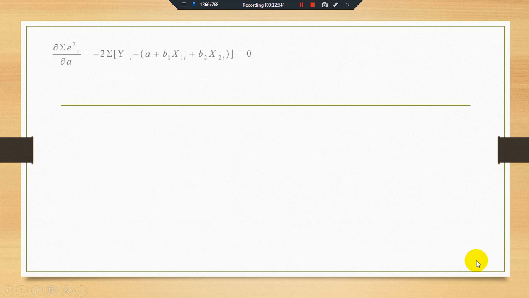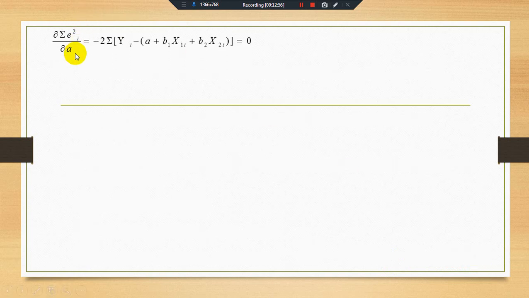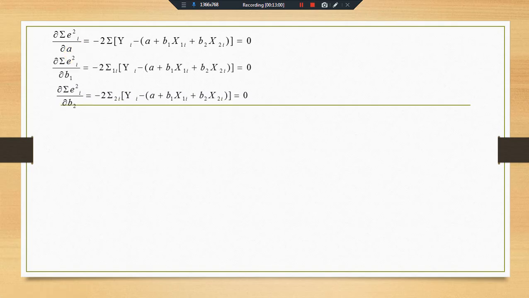Now we have the partial derivatives with respect to a, b1 and b2, each set equal to 0.